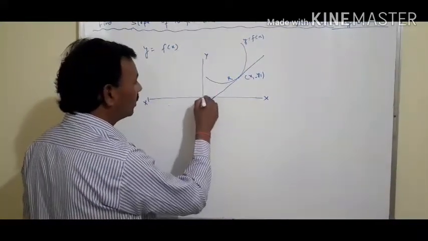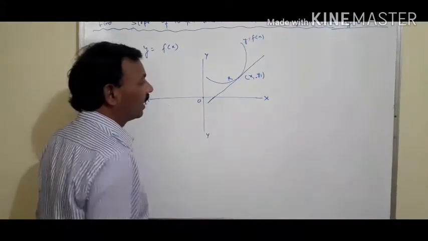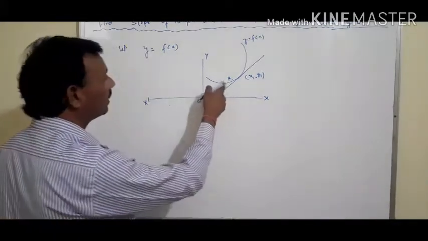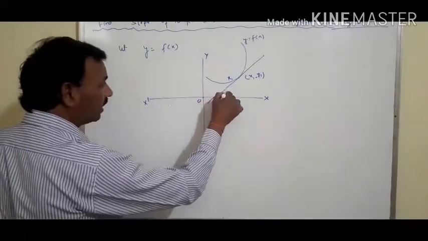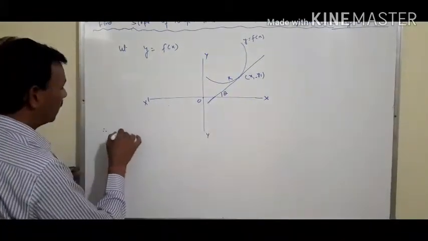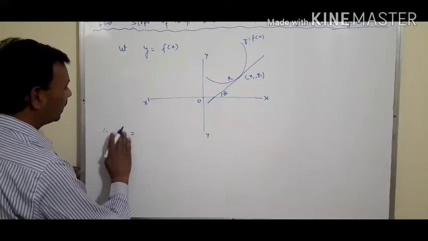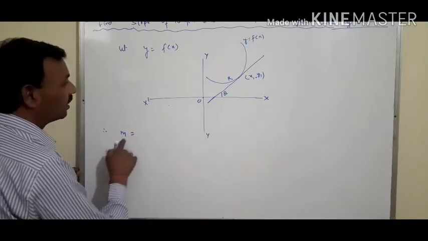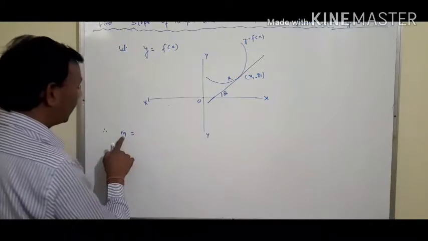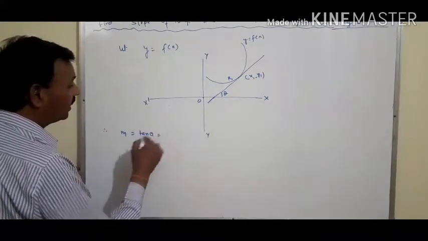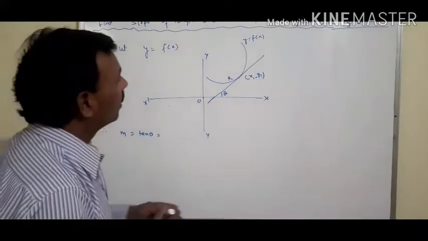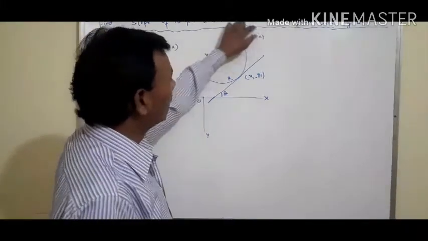Then the tangent of that angle is known as the slope of the tangent. That is, if this angle is theta, therefore m, the slope of this tangent, is denoted by m equal to tan theta, and this is equal to the first derivative of the given function.